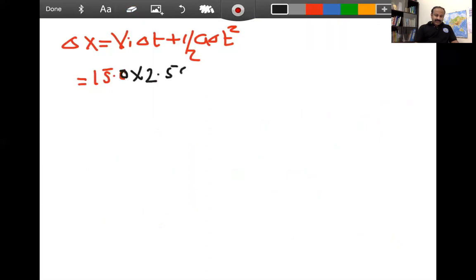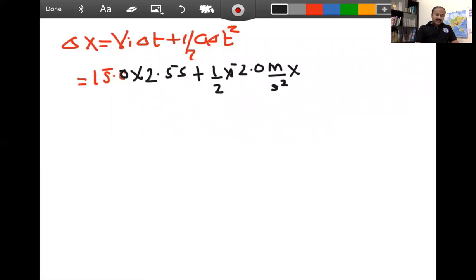2.5 seconds, plus half times, what's the value of acceleration here in the question? Minus 2.0. Half a delta t square.